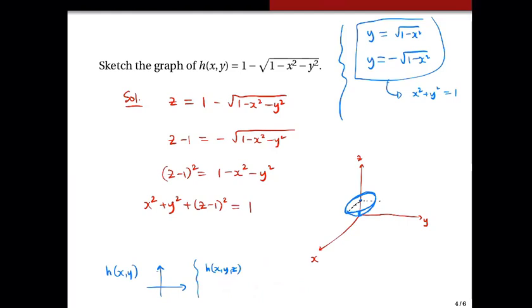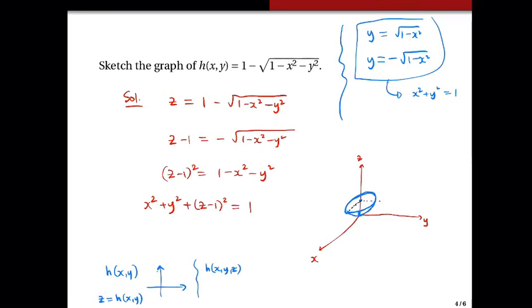Now, what if we want to sketch the graph of the function itself? Remember, the graph of the function h, in this case, will be z equals h of x, y. So now you have the three variables, the x, the y, and then this z in here.